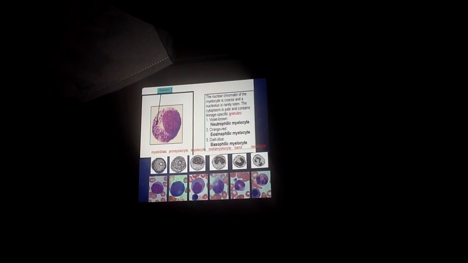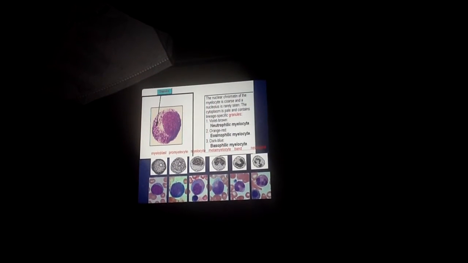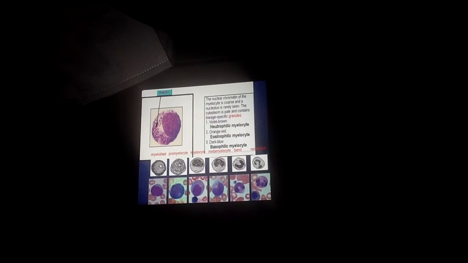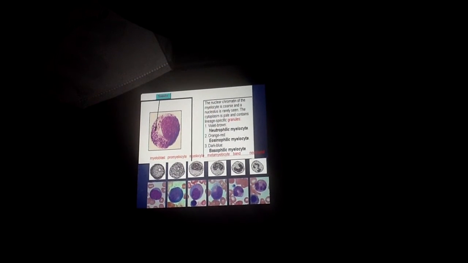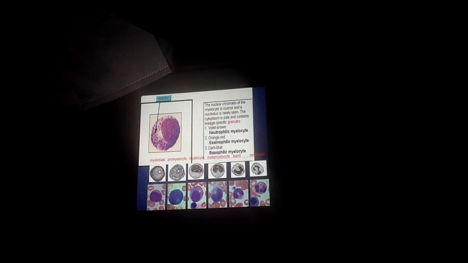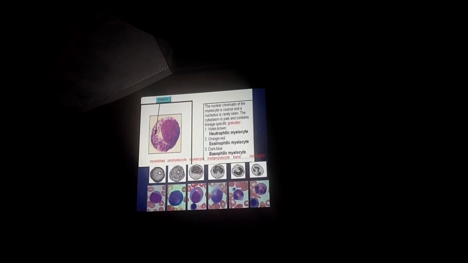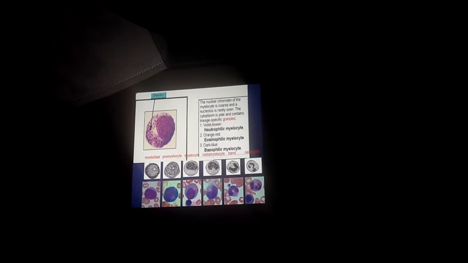The primary granules, or the azurophilic granules, will now be accompanied by specific granules. So, promyelocyte, only primary granules. Myelocyte, the cell will now contain both azurophilic granules and specific granules. That is why there are two hues or two colors that will be seen in its granulated cytoplasm.